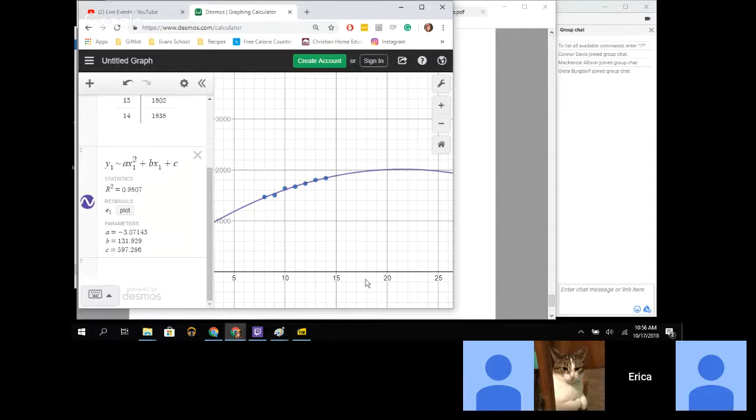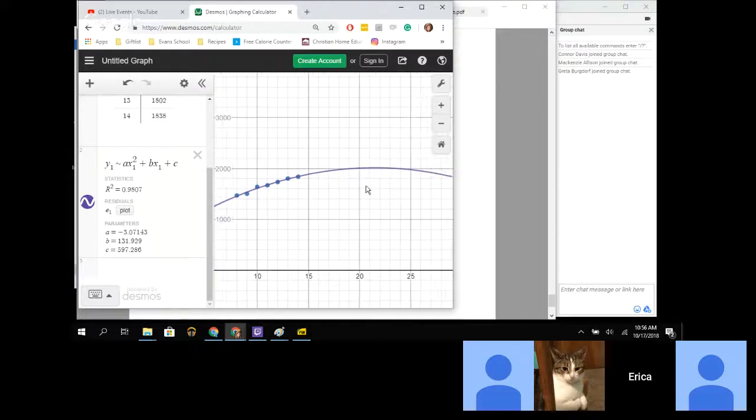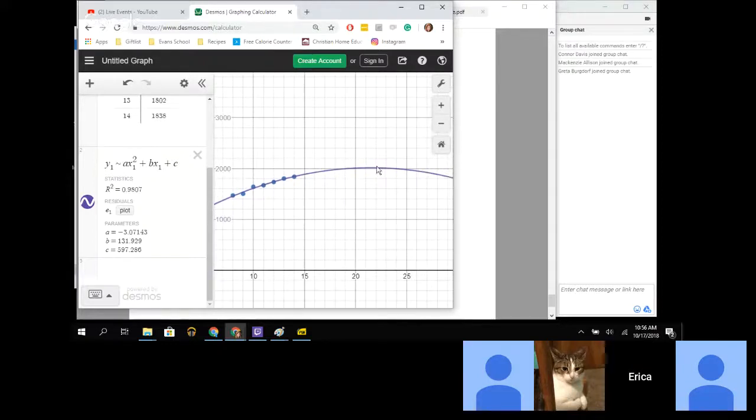So that would be in year 28, right? I don't know anything about gym shoes, but I don't think that the sales of gym shoes has dropped off, right? It's really good at modeling right in here, but our sales, I'm sure, of gym shoes have just kept going up, right? People still wear gym shoes. They wear them out. You buy new shoes, all that stuff. So I would say that in the long term, that's not a good model, but maybe in this short term, it is.